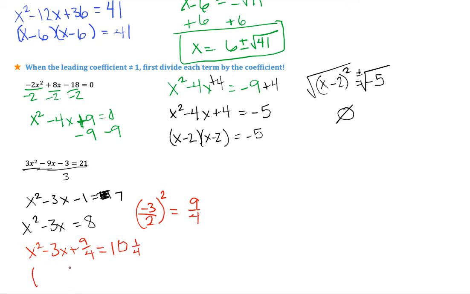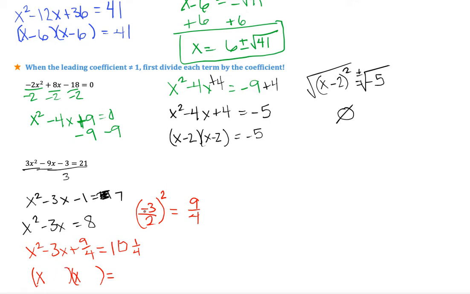You can still put this into binomials. There's a secret about that. The secret is that the number that goes right here is just half of b. That number is always just going to be half of b.